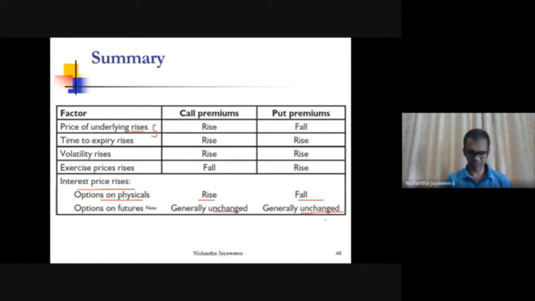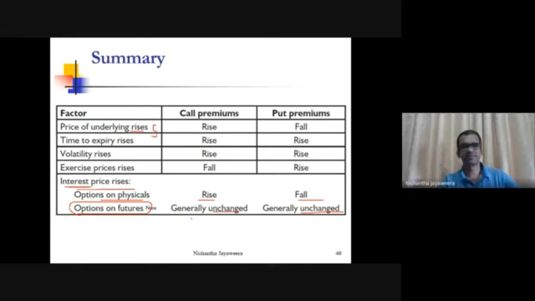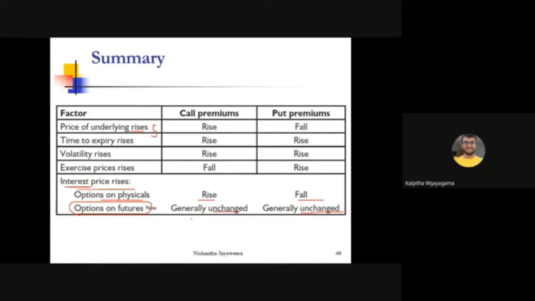Why? What is the reason for options on futures not to have any impact from the interest rates? Because you are exercising on a future, that means you don't have to pay the full price there either.